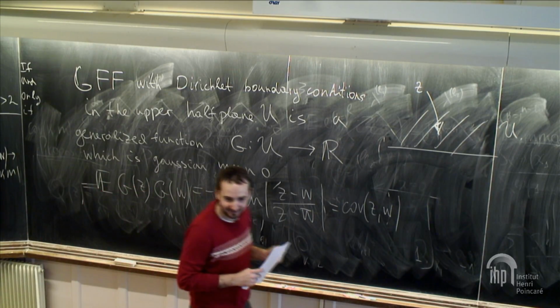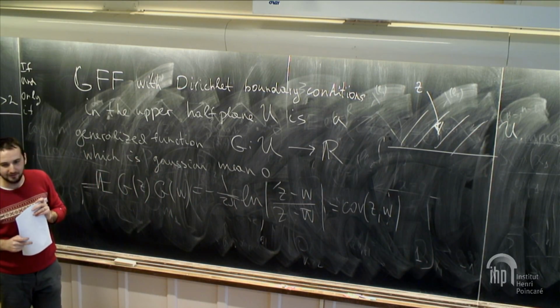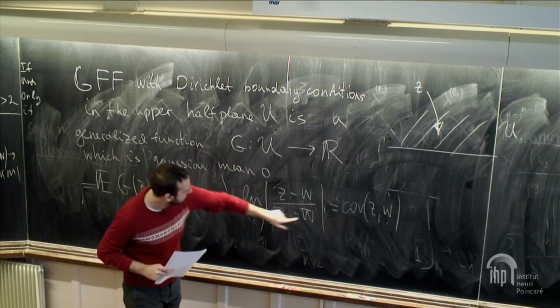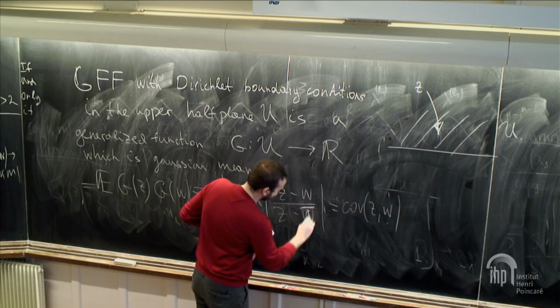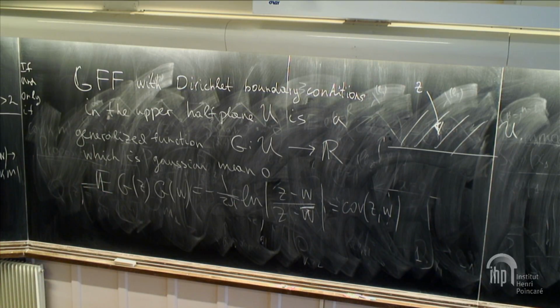Inside the brackets you have z minus w and z minus w bar, so this is a conjugate. On the border, yes. That matches the fact that it's with Dirichlet boundary conditions.